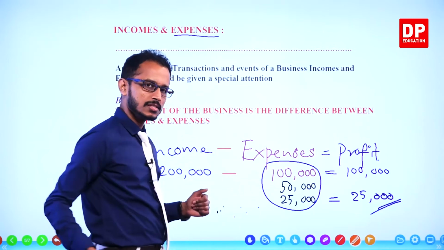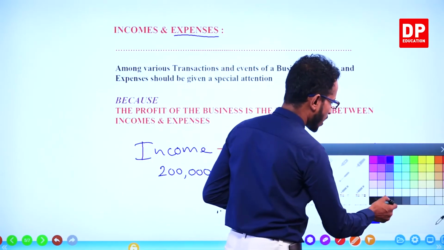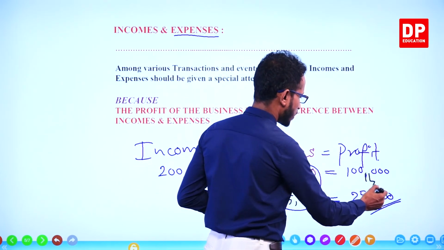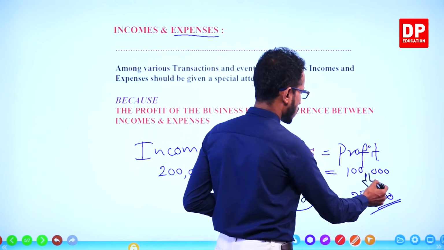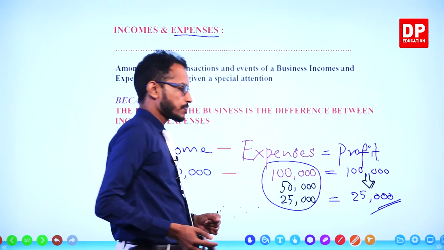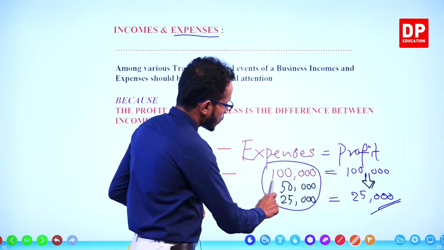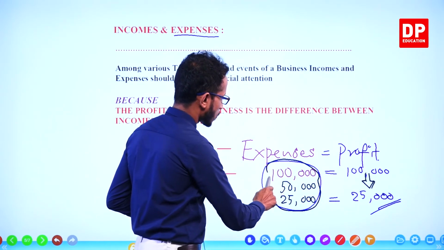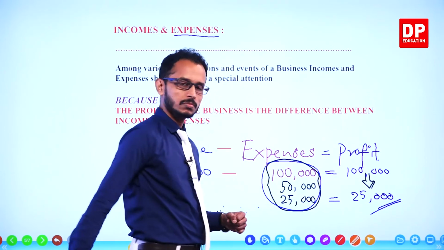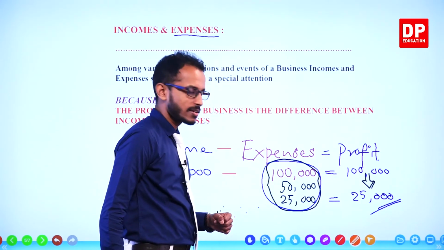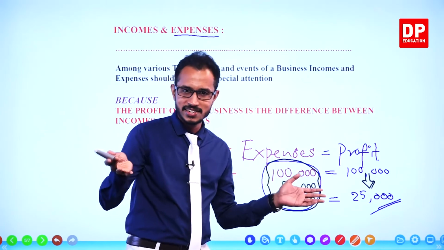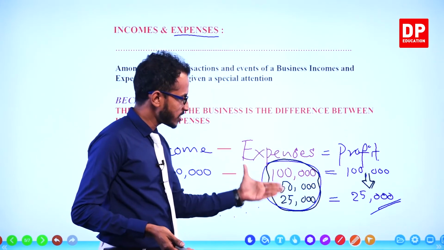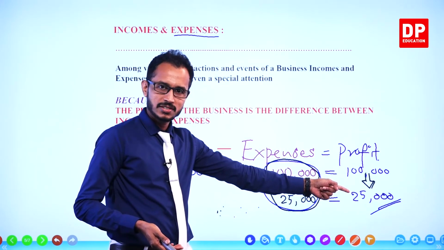It has decreased by a large amount. So, the more expenses you do, the less profit you have. Okay. What I mean here is, children, expenses decrease profit. So expenses are a reduction of profit.